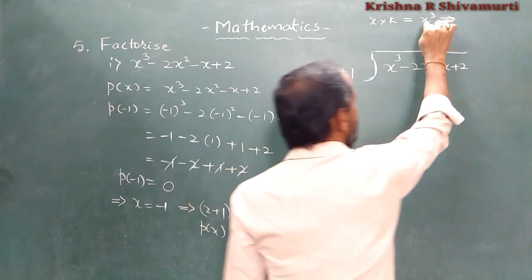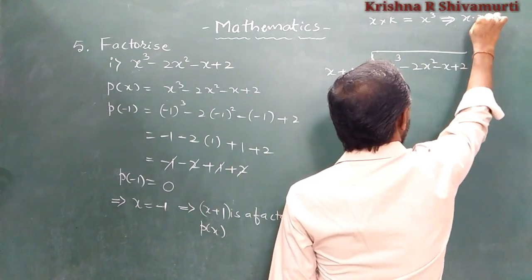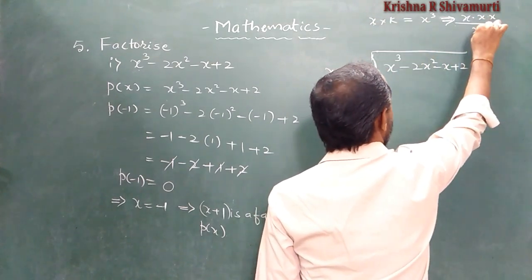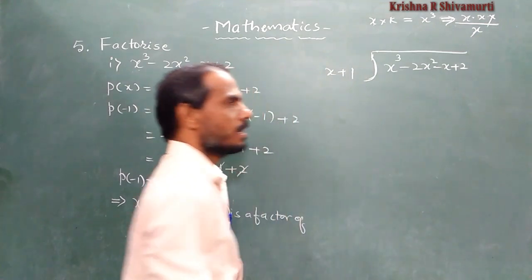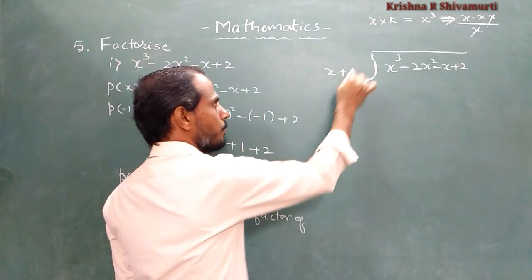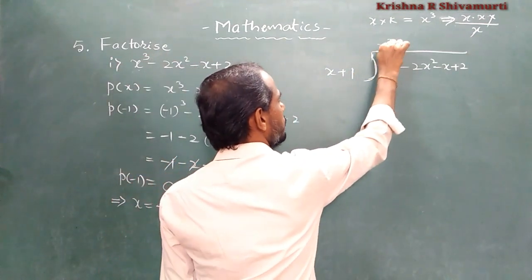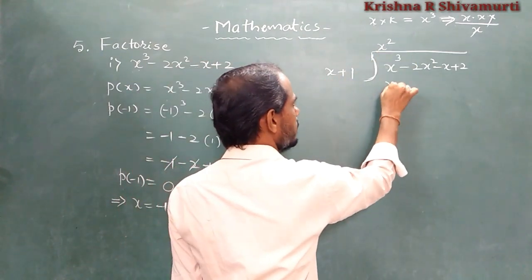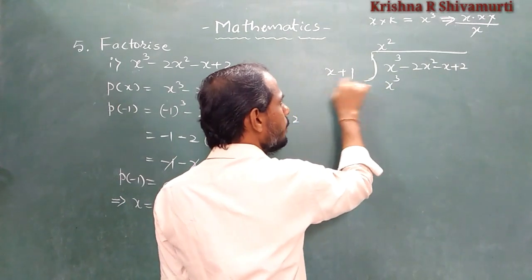Then x goes to this side. This x cube is written like this: x into x cube only, divided by x, gets cancelled. What means x into x square. Yes, we should multiply. What is that one? X square to multiply. X into x square, x cube. Okay, it is a binomial term.